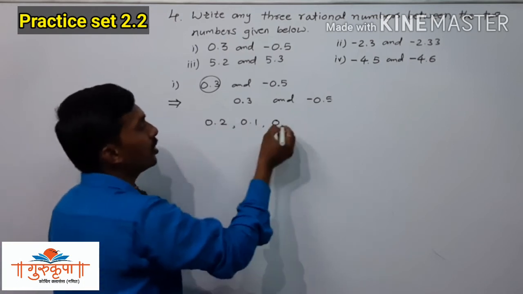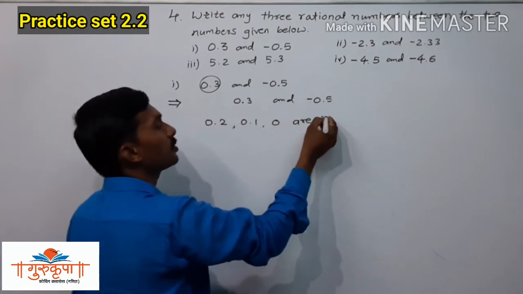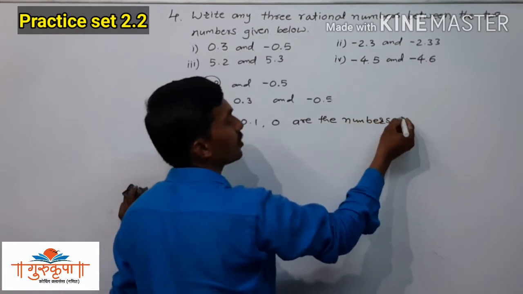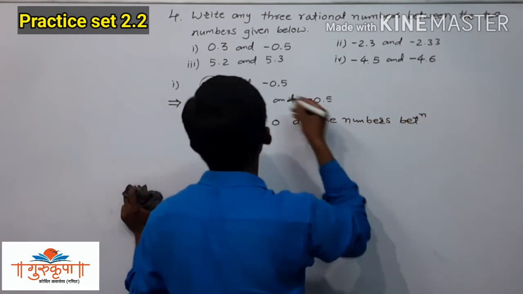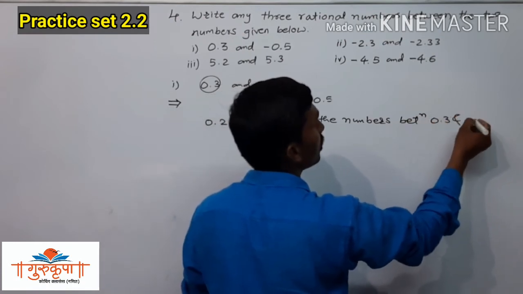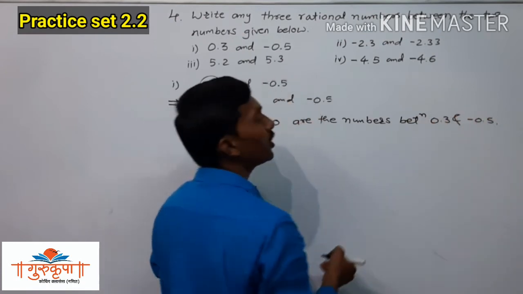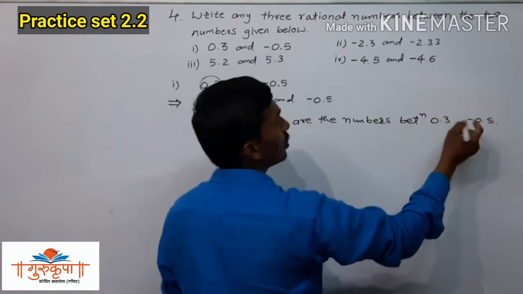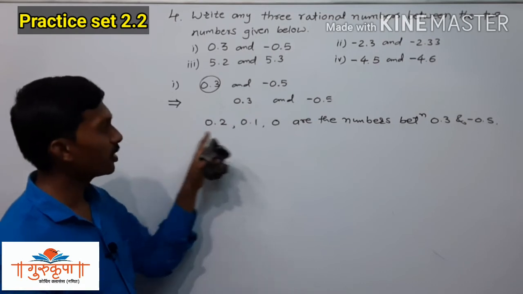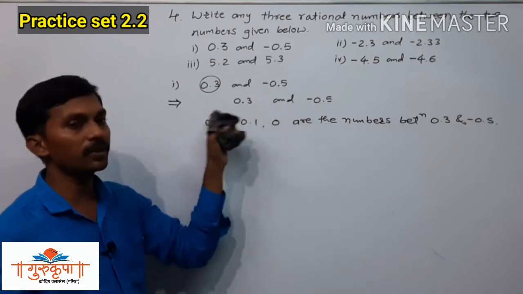So these are the numbers between 0.3 and minus 0.5. So this is all about the first example. Here we wrote the three numbers between the given two rational numbers.